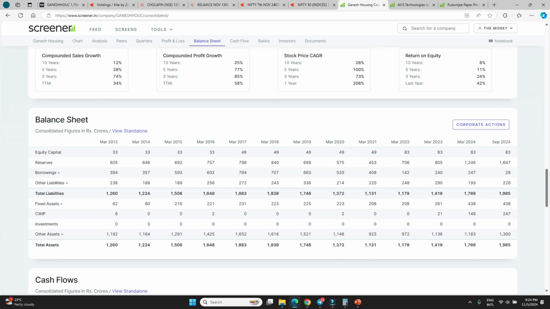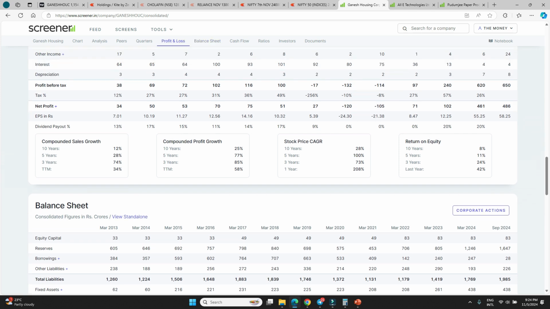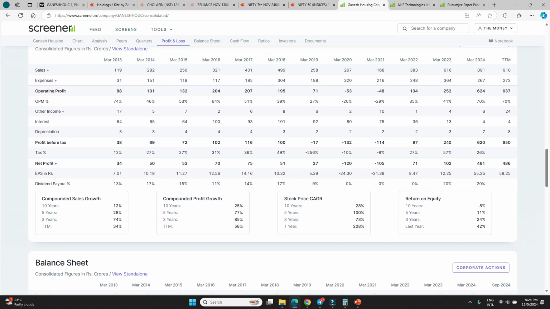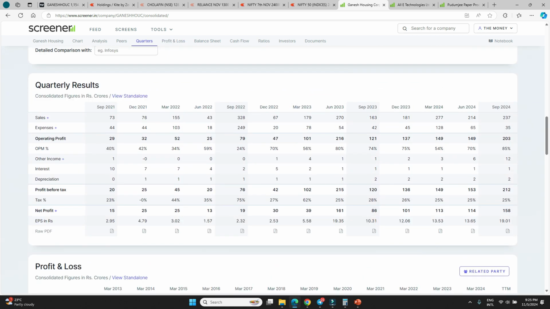Now I wanted to see what return the stock has given over the last 5 years: 100% return. Whether these numbers are right or wrong, we wanted to see. For checking this, most of the time I see that the operating profit margin is 70%.